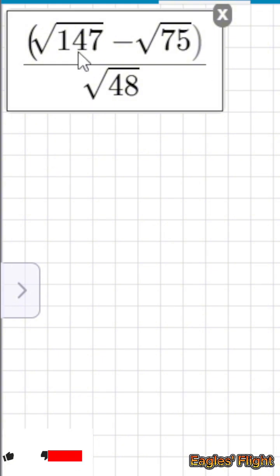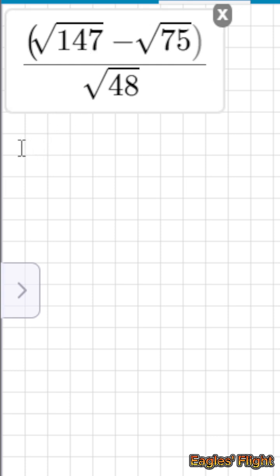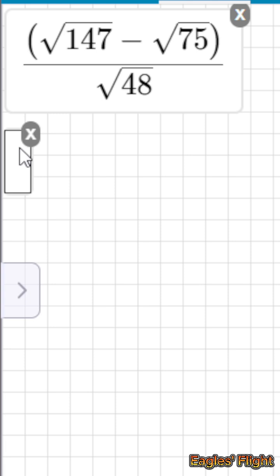So in the case of root 147, we are looking out for two numbers that when we multiply them together give us 147, such that one of the numbers is a perfect square. Very quickly, we can see the factors of 147 would be 49 and 3. 49 is a perfect square, 3 is not.